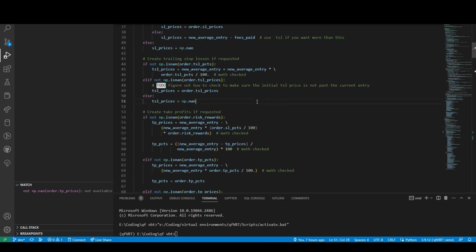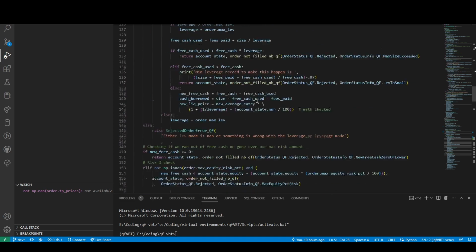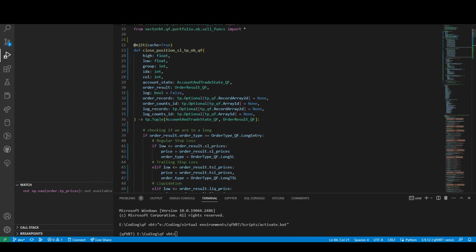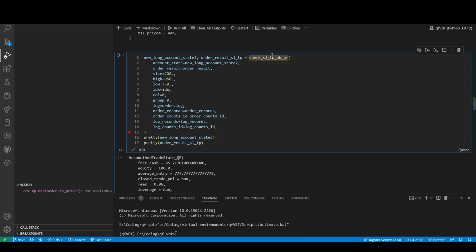That's just the way it's going to have to be for now. Because once you start to add in multiple stop losses, multiple take profits, oh my god. So this would be close position, stop loss, take profit.